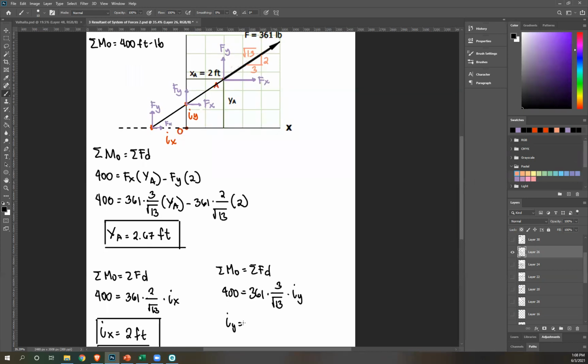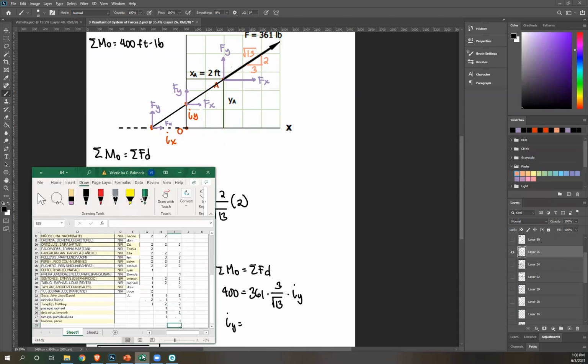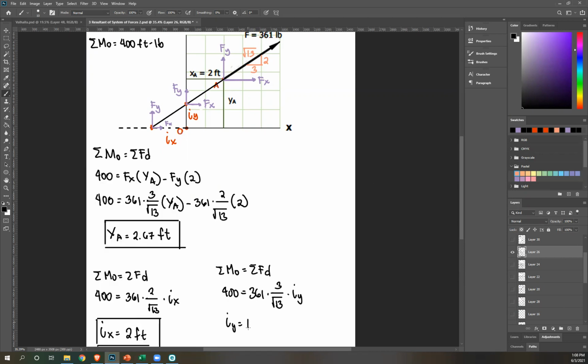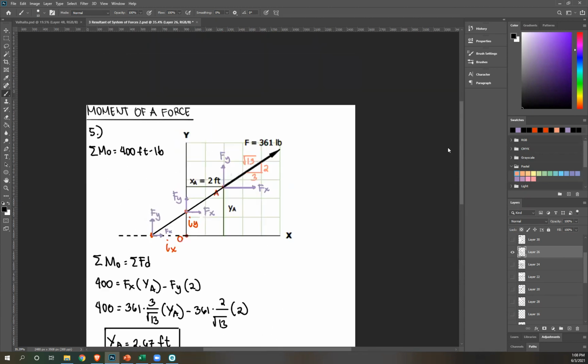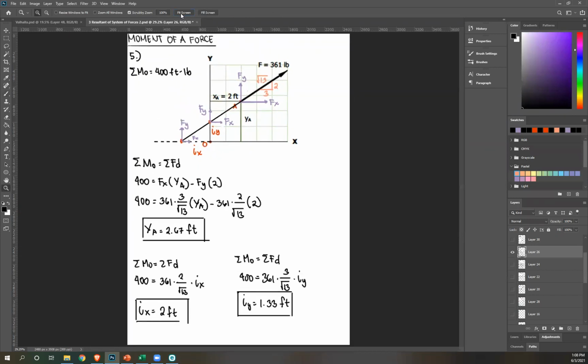Correct, Paulo and Nicolas. It's 1.33. 1.33. Unit feet. Those are our answers for number 5. Any questions for number 5?